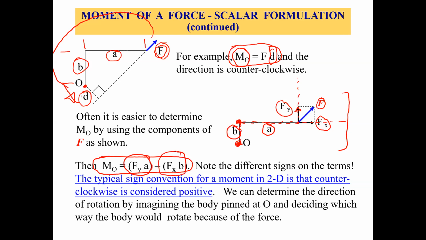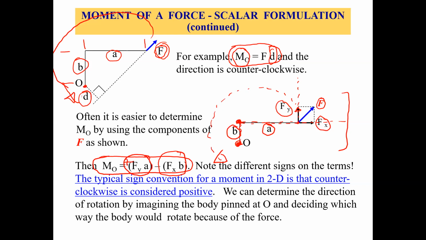But we need to cater for the direction of these moments. So for that, we use the sign convention for this two-dimensional case, and we take counterclockwise as positive and clockwise moments as negative. Now this Fy is creating a counterclockwise moment, so that's positive.